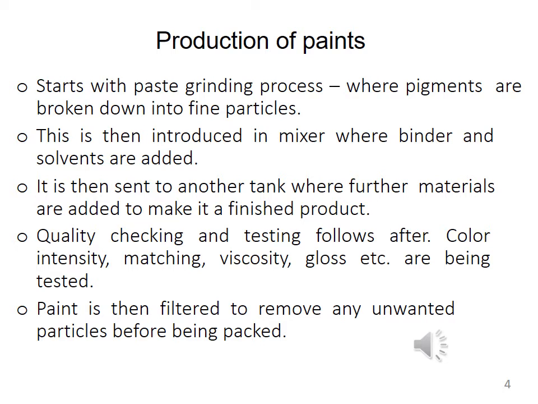This is then introduced in a mixture where binder and solvents are added. When the pigments are converted into very fine particles, they are introduced into the mixture, and the solvents and the binders are added into the mixture.